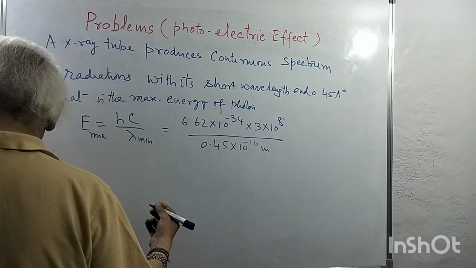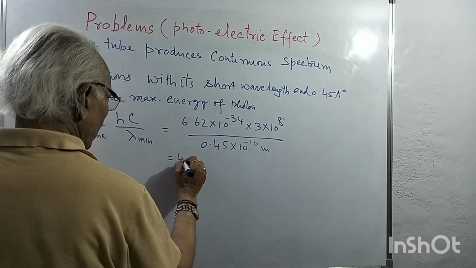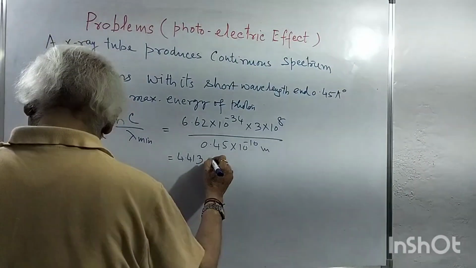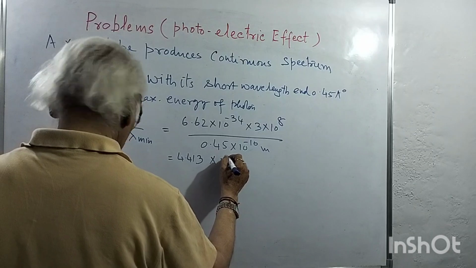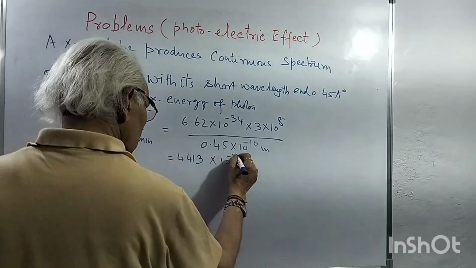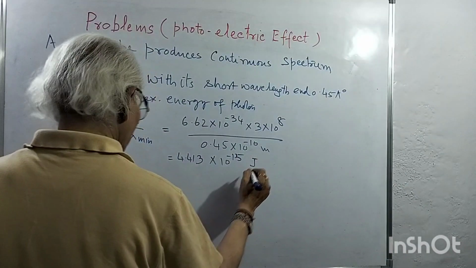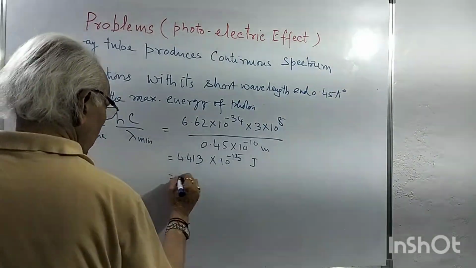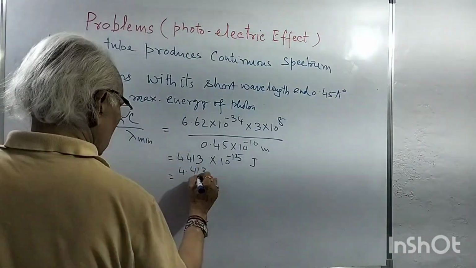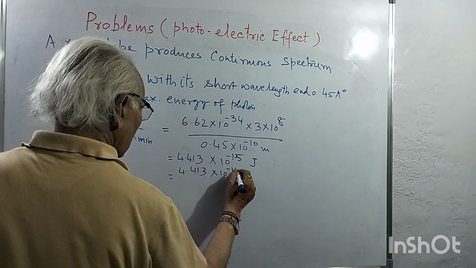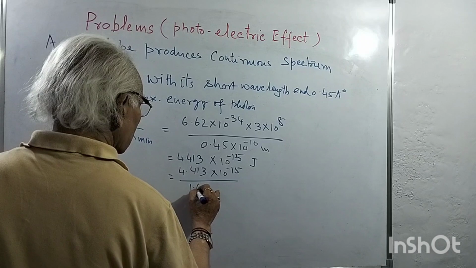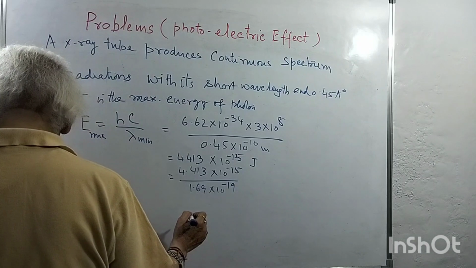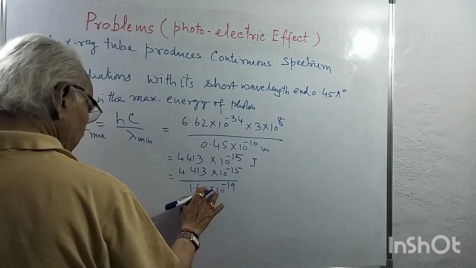The maximum energy is 4.413 into 10 to the power minus 15 joules. Or convert into electron volts: 4.413 into 10 to the power minus 15 divided by 1.6 into 10 to the power minus 19, sufficient.